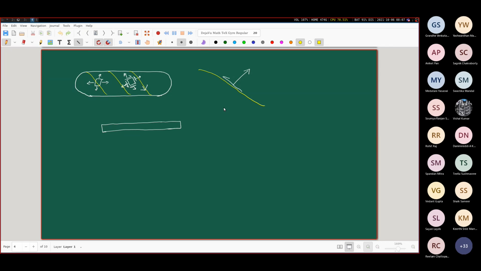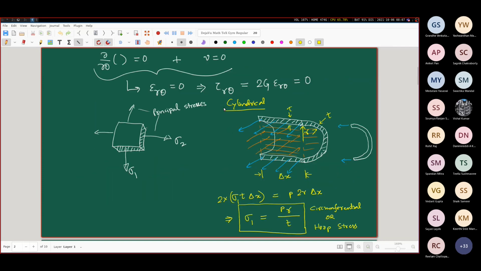At the end of the previous class, that is Monday's class, I had posted a couple of questions in our discussion channels. So did you take a look at that? I had specifically asked about the component of the shear stresses which would be present here.